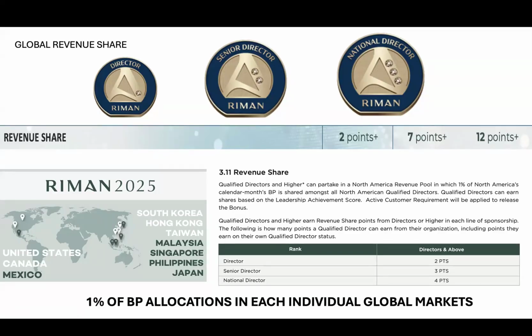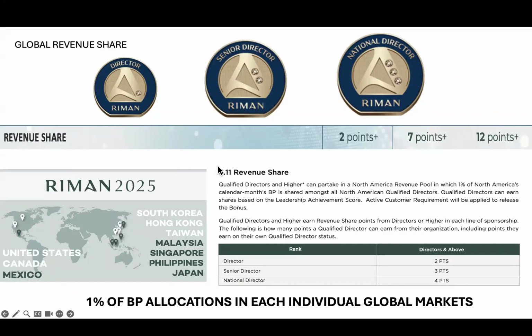The caveat is you don't get paid in every market just because of your rank. It's when you hit these ranks and you have a business, organization or team running in those respective markets, whatever you generated in those markets, you're going to be allocated a certain amount of points, and based on those points, it'll be commissioned out. So when you hit director, senior director, national director, it gives you a chance to participate in all the markets that you build your team in.